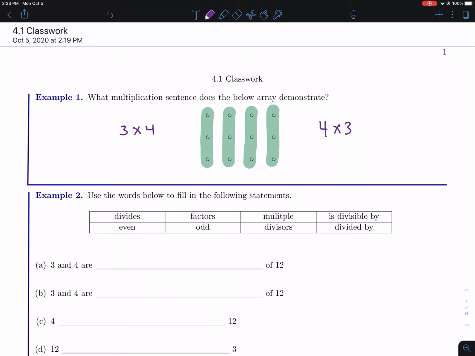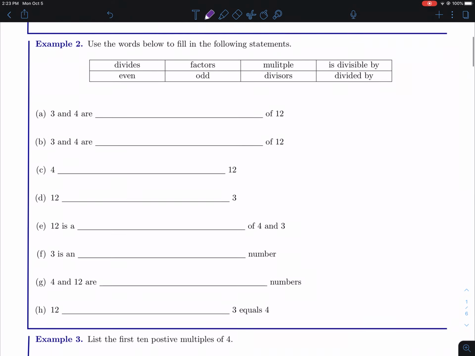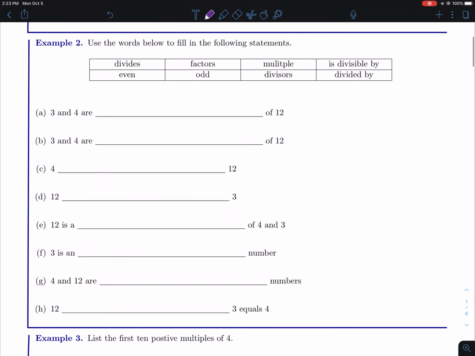All right, so let's look at example 2 and talk about some of these. We've got a little word bank above, and we want to fill them into the right spot down below. Our word bank is divides, factors, multiple, is divisible by, even, odd, divisors, and divided by.